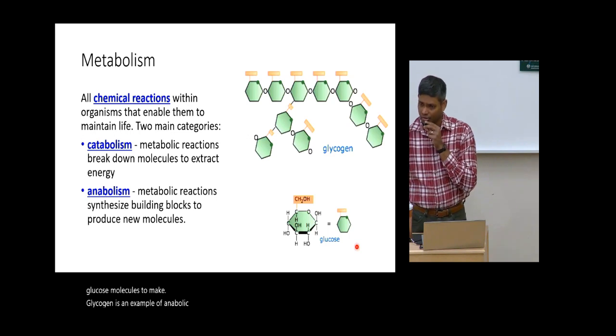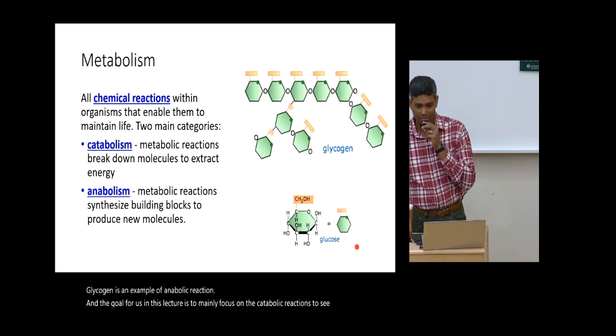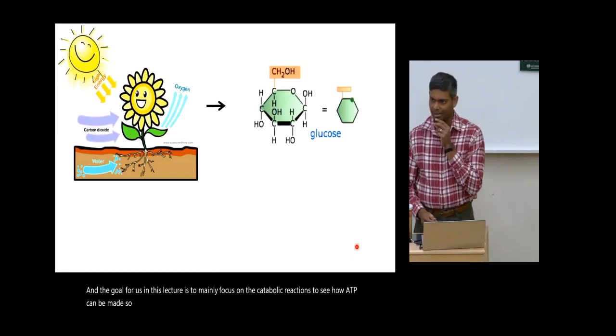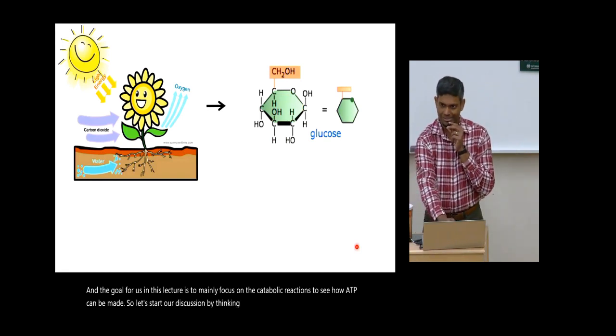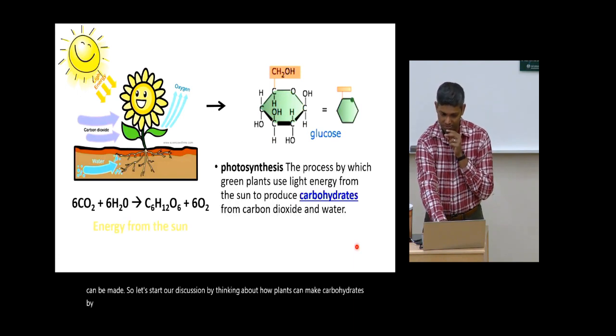The goal for us in this lecture is to mainly focus on the catabolic reactions to see how ATP can be made. So let's start our discussion by thinking about how plants can make carbohydrates by using energy from the sun.